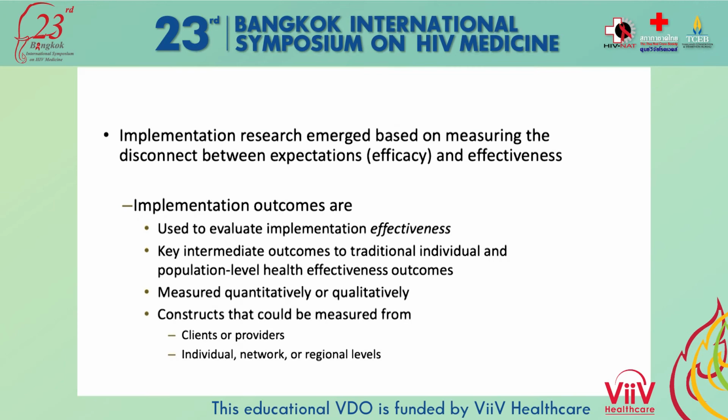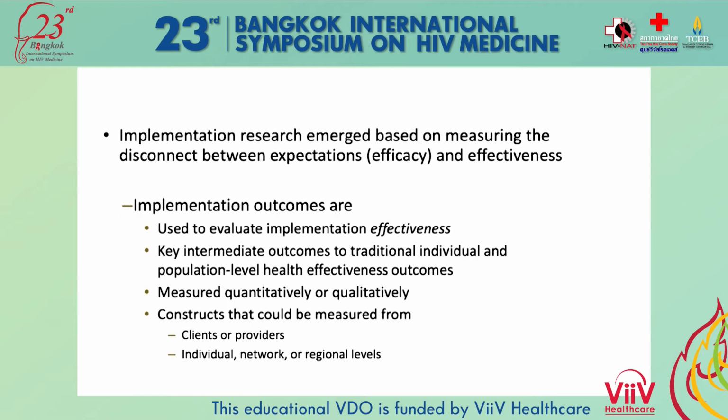And I'll note that implementation research, and this focus in the context of programs, really emerged based on the fact that there is a disconnect between the expectations of a program, in terms of what we would expect PrEP to have achieved in real world settings, and ultimately what happened in real world settings. We use these implementation outcomes in the context of programs and research to evaluate implementation effectiveness, in other words, the effectiveness of your implementation strategy.